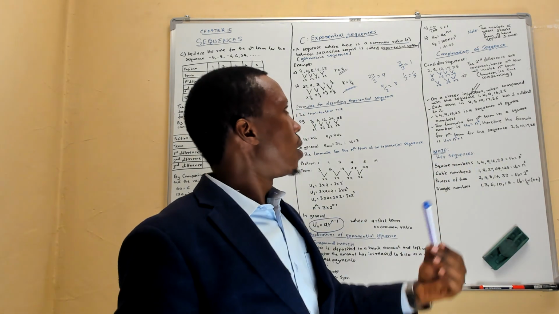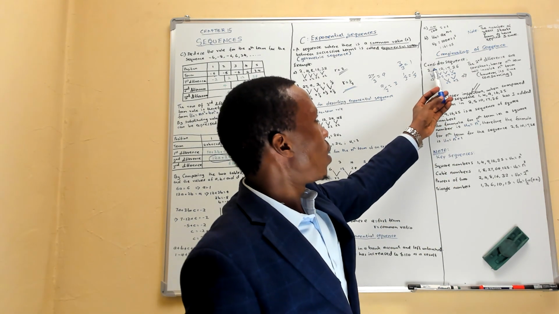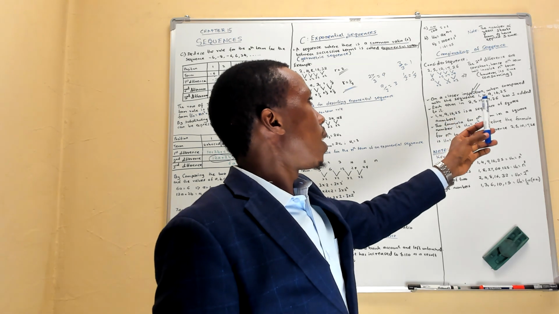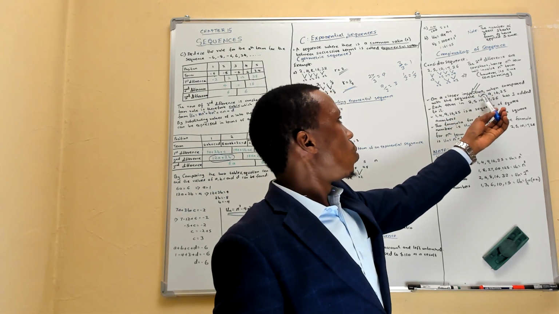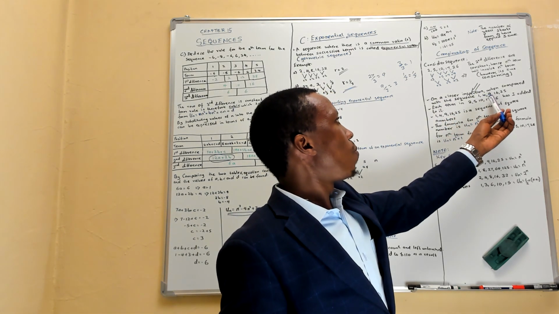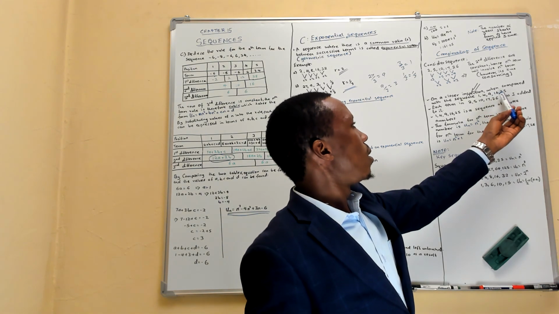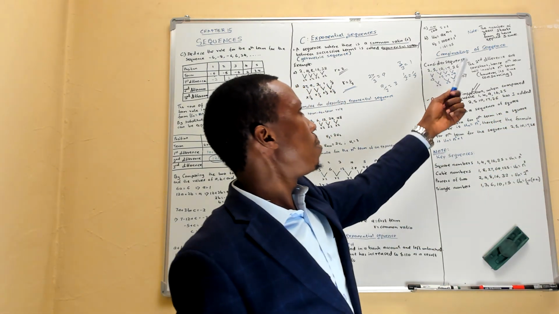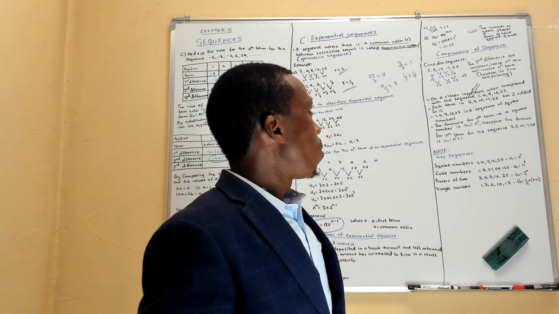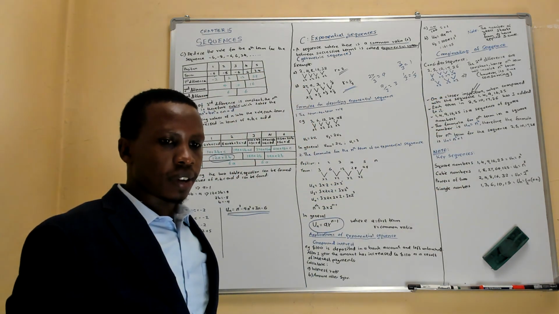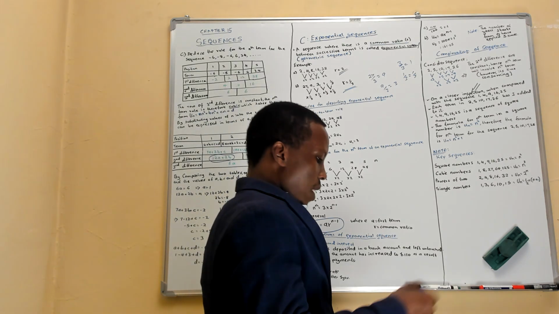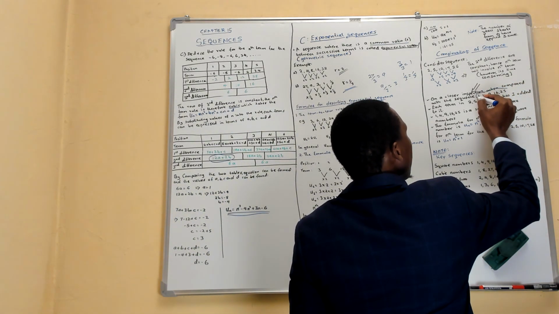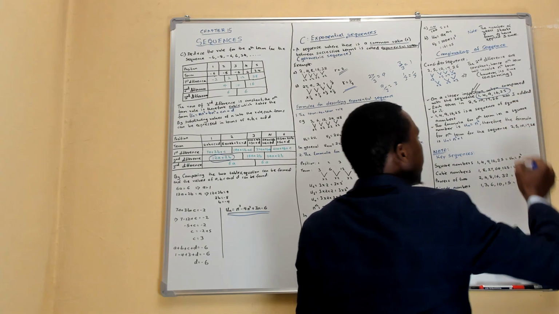However, if you realize that you can rewrite this sequence in a way of having 1, 4, 9, 16, and 25, just by subtracting 1 from each term, it means that 1, 4, 9, 16, and 25 is a key sequence.